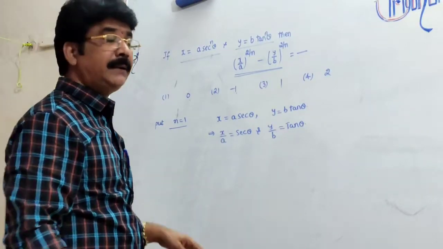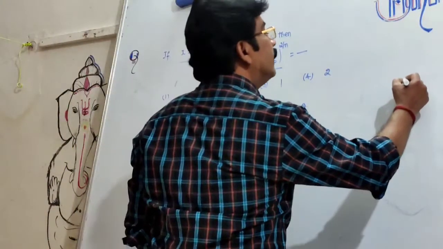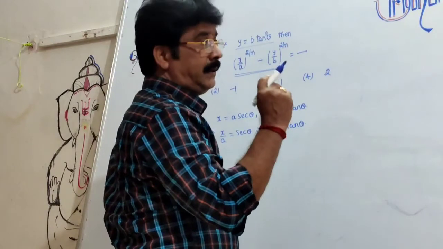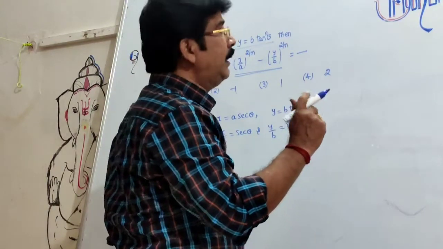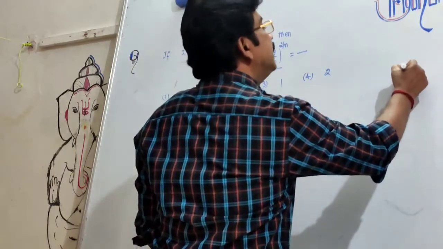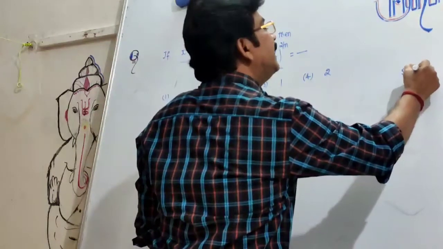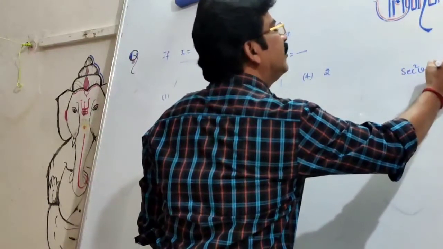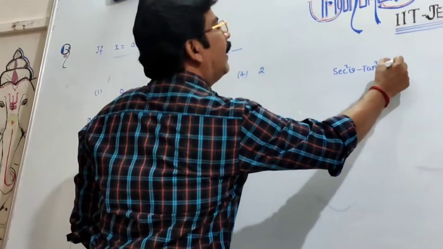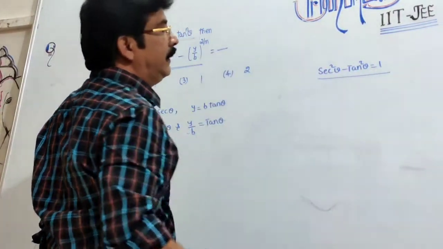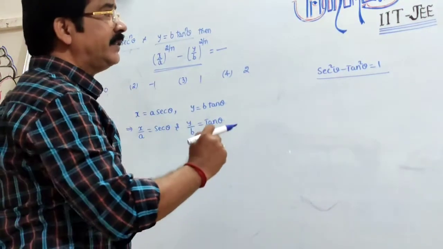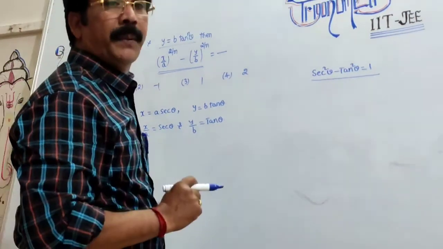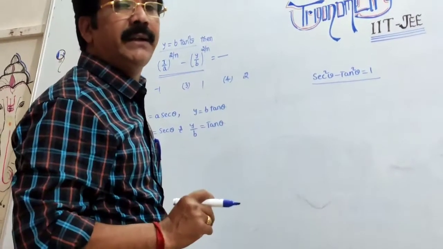Did you remember the fundamental principle, secant square theta minus tan square theta is equal to 1? Actually, many authors say that it is an identical property. It is not an identical property.